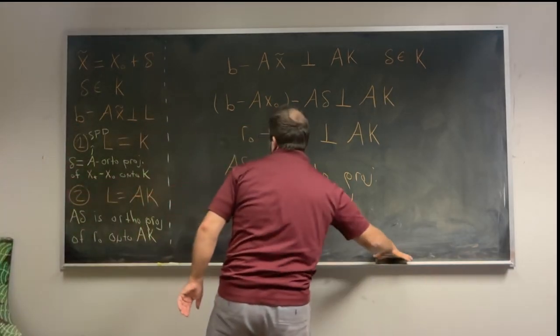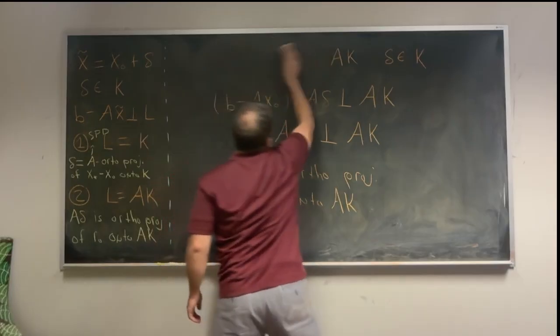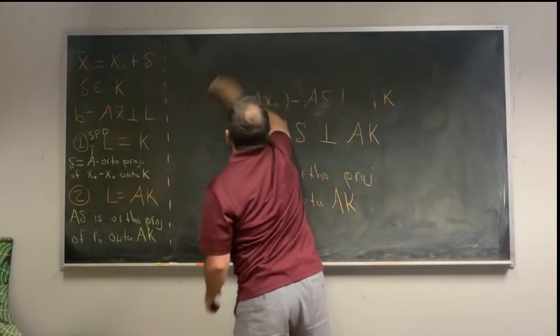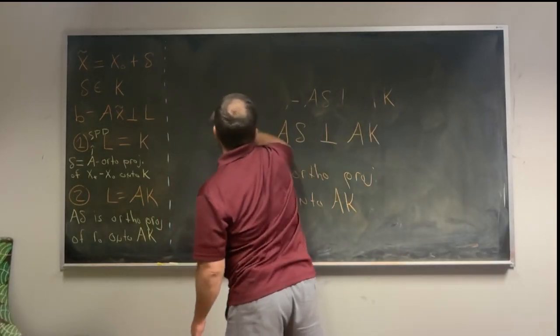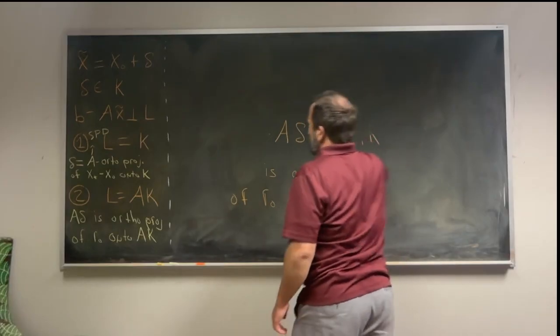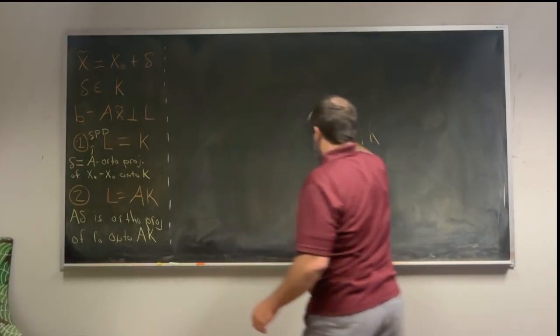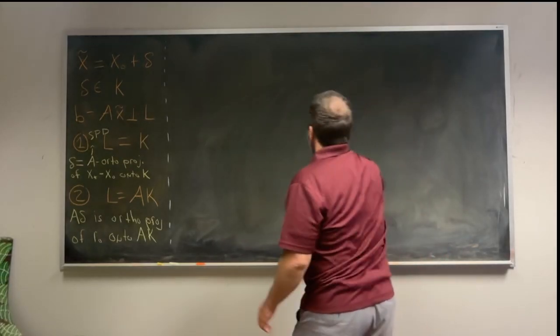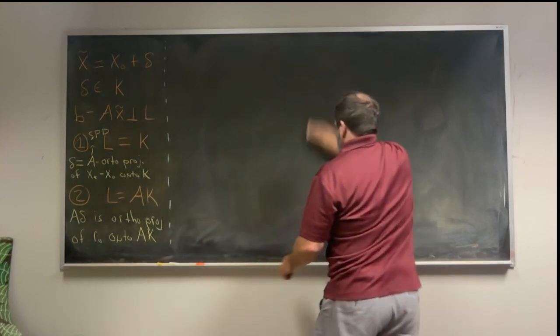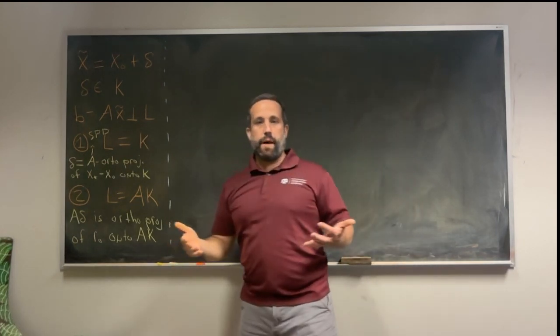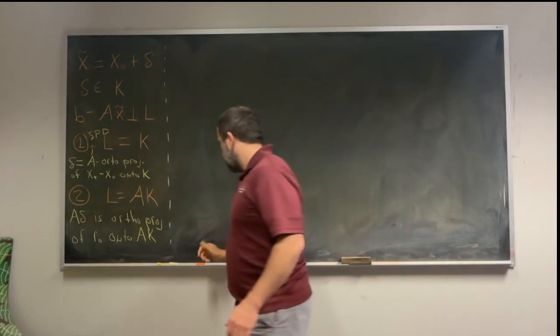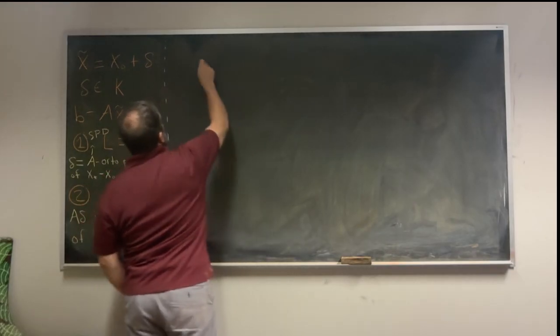All right, and I'm going to remind you one other thing. We're going to be dealing with one-dimensional projections here. In other words, K and L are going to be one-dimensional, so they're just spanned by one vector. Let me just remind you of this.